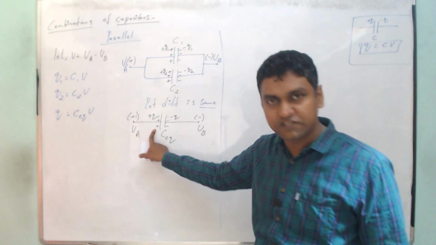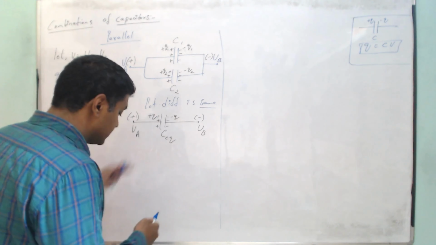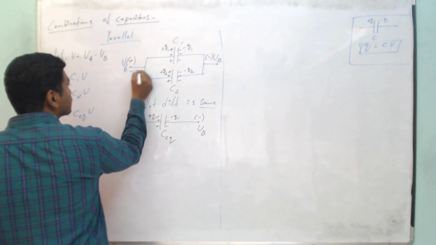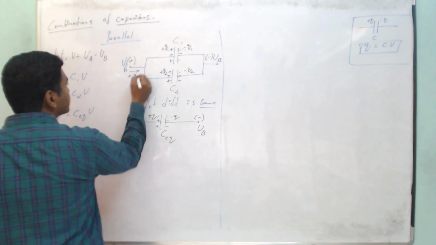Can I say if the story has to be same in both the situations, that means from here also the total amount of plus Q charge should be passing through.